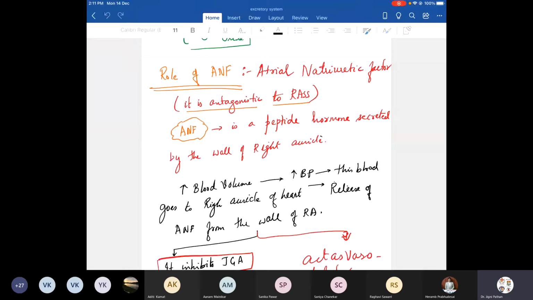So ANF is a peptide hormone secreted by the wall of the right auricle. Now listen, whenever the volume increases or decreases, the deoxy blood will reach which chamber first? The blood that is moving all over the body, ultimately where does it reach? Lungs. No, heart. Which chamber of the heart? The deoxy blood from all over the body reaches which part of the heart?